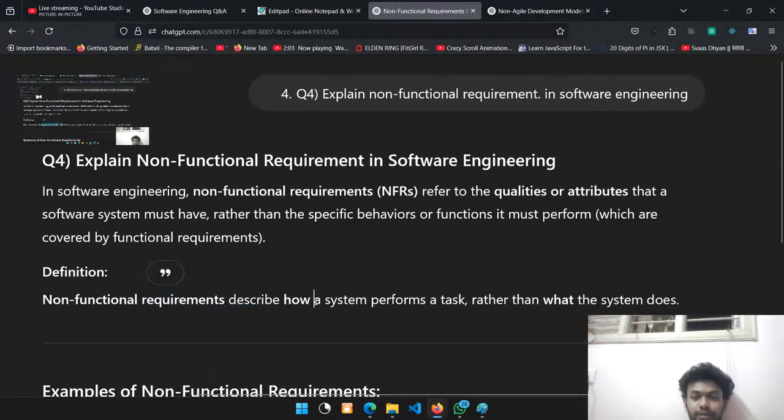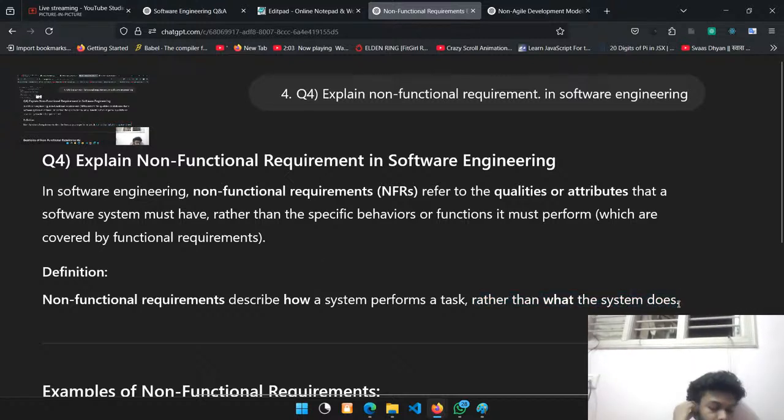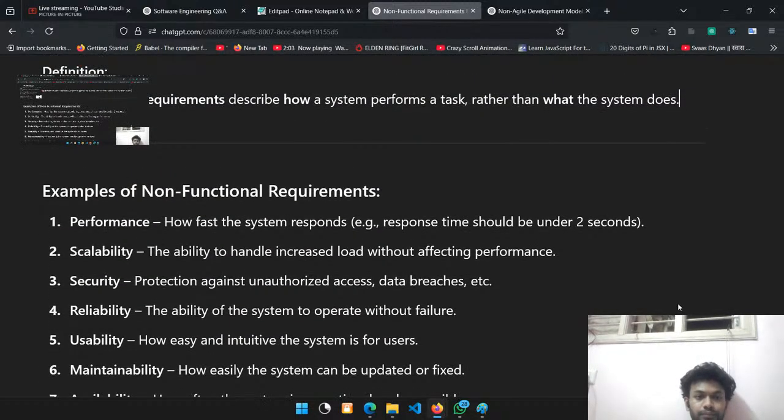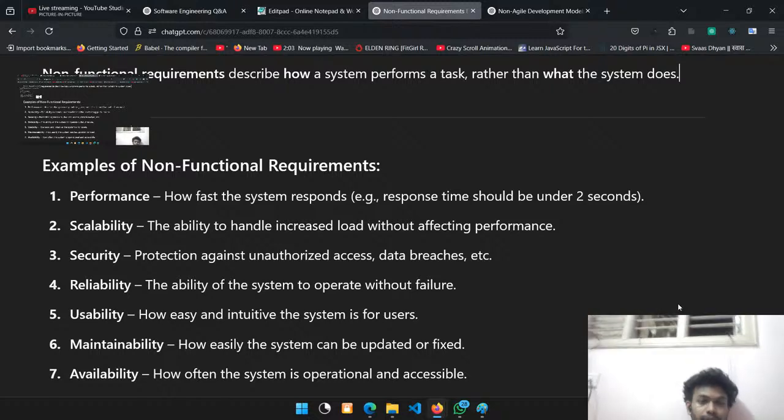A non-functional requirement describes how a system performs a task rather than what the system does. Oh, I should have answered it on my own first of all. Performance, scalability, security.